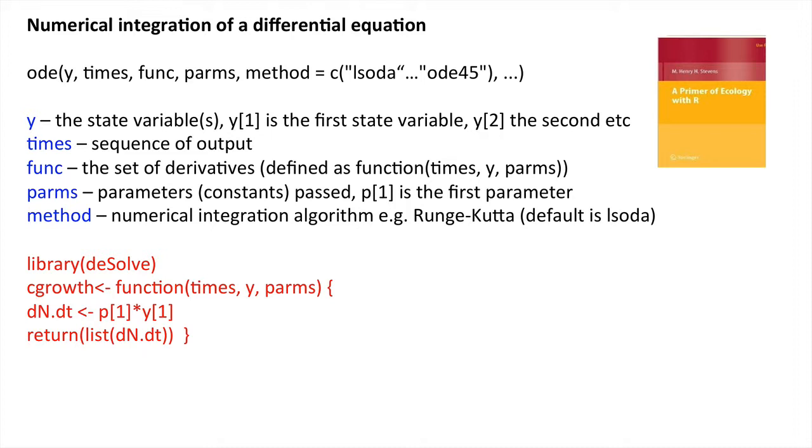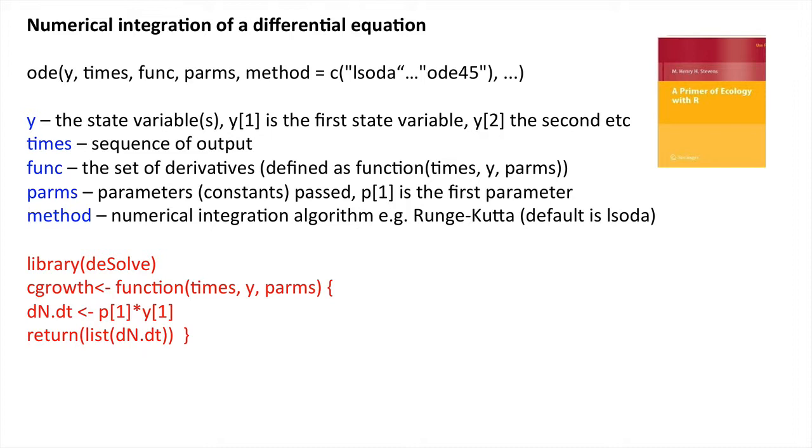We're calling it cgrowth for continuous growth, and that function has to be defined in a certain way. We have the parameter over which we are integrating, this is times. We've got the list of state variables, this is y, and we've got the parameters which we're calling parms. And everything within that function is defined here with the curly brackets.